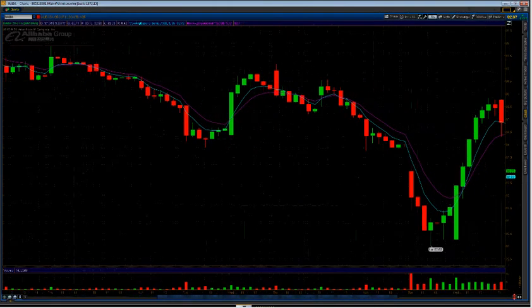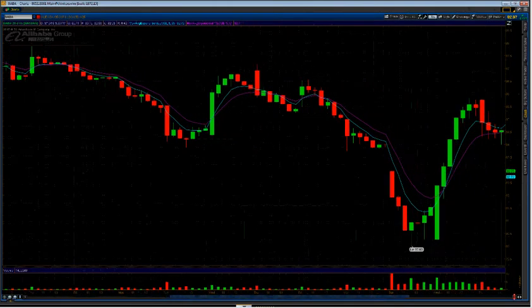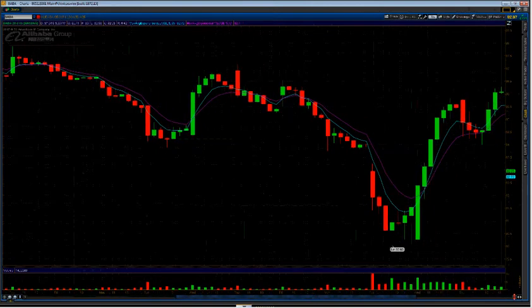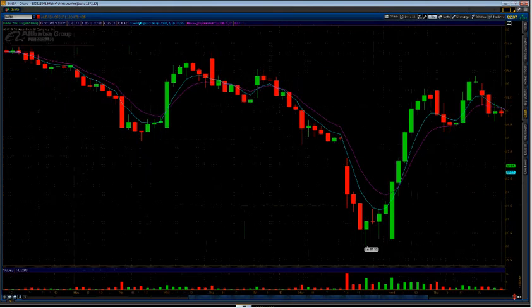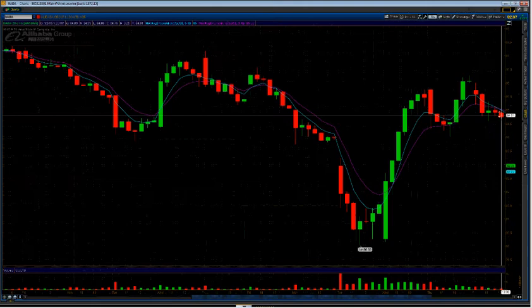So here we go. Right here on this candle, actually, right here, my blue line is crossed below my purple line. So you're telling me this would be our sell signal, correct?